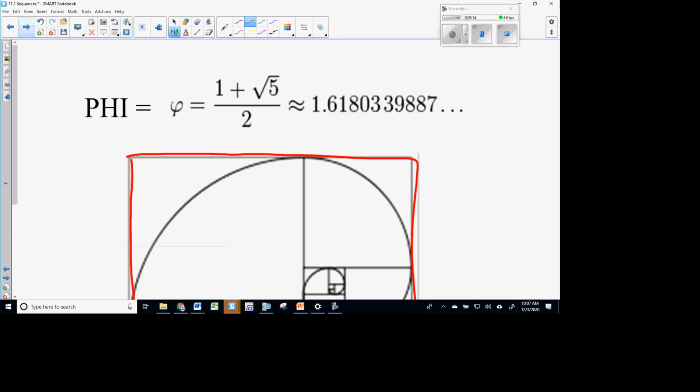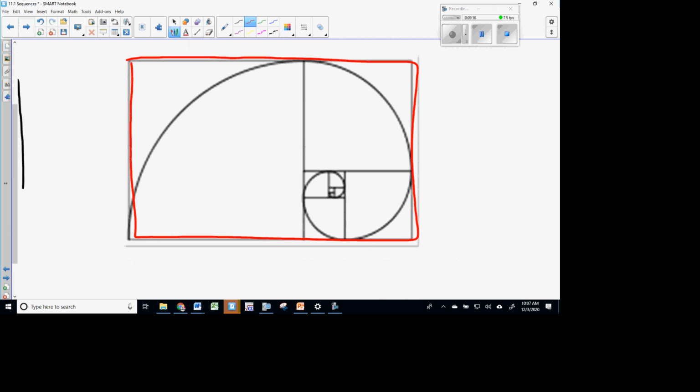So how the Fibonacci spiral works is you take a golden rectangle, and then you make this part a perfect square. What you're left with over here is a new golden rectangle, same proportions.